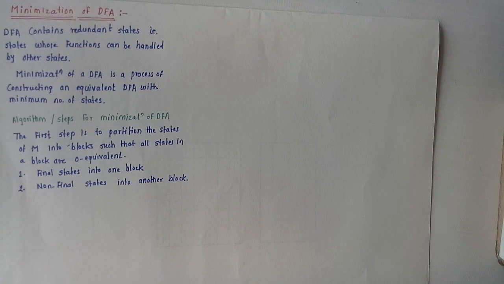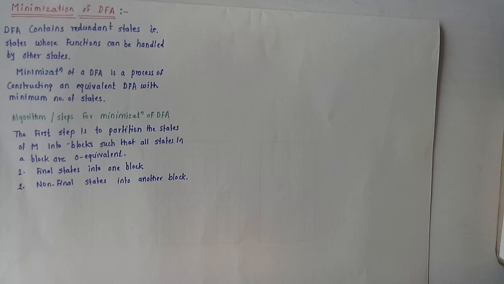Now the algorithm, or steps, for minimization of DFA. The first step is to partition the states into blocks such that all states in a block are 0 equivalent.